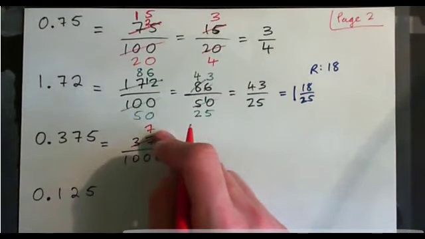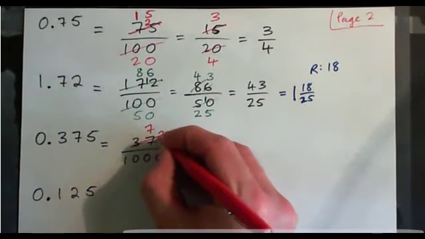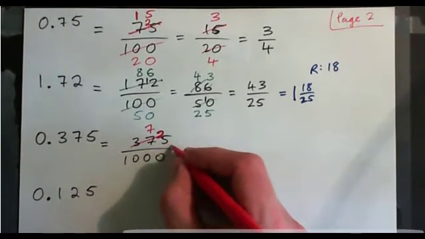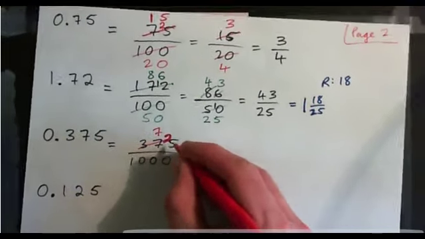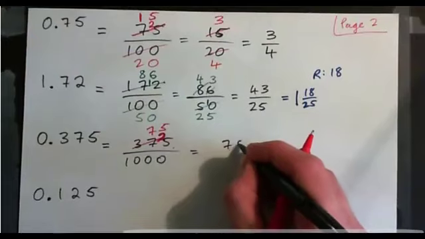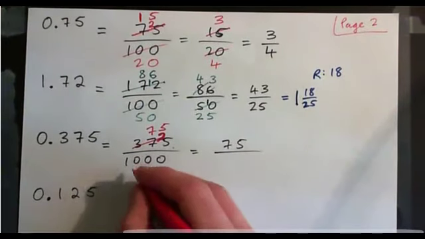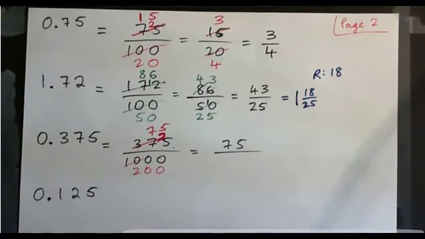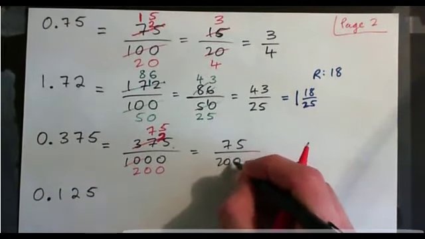Remainder 2. And now this is 25, see? What's 5 into 25? 5, right? So the top gives me 75. And now 5 into 10 goes twice, and 5 into 0 is 0 here and here. So the bottom is 200.